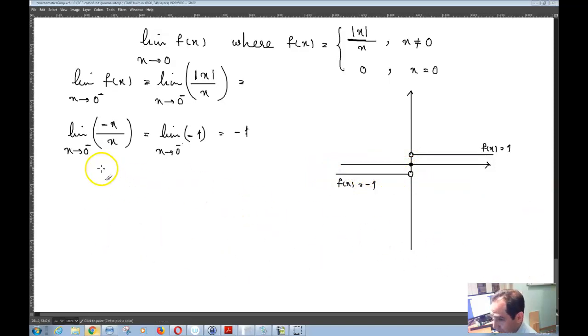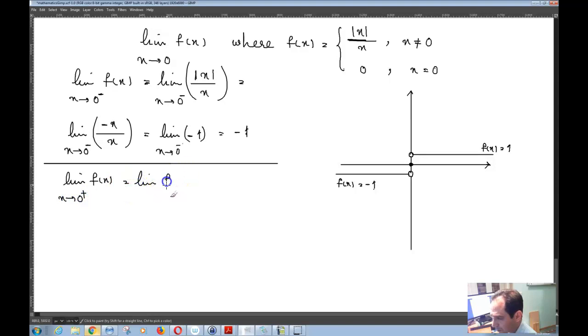Now, by the same logic, I can say that the limit of f of x when x tends to 0 from the right is equal to the limit of basically this clause, which is the absolute value of x over x when x tends to 0 from the right, and these are all positive x's.